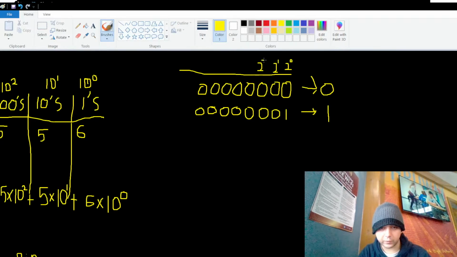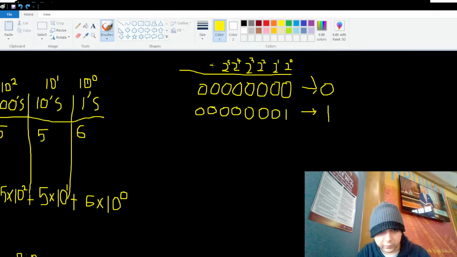So let's actually put back the places, to go back to the earlier example. What we're going to be doing is counting in binary. Five, 2 to the 6th, 2 to the 7th.